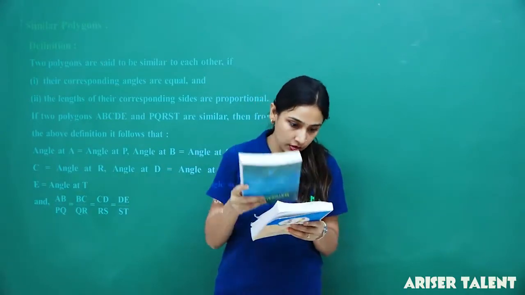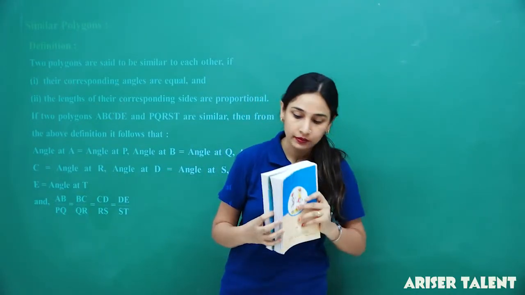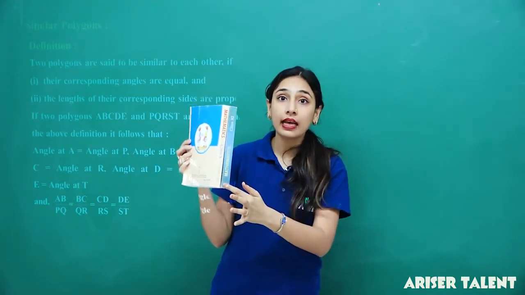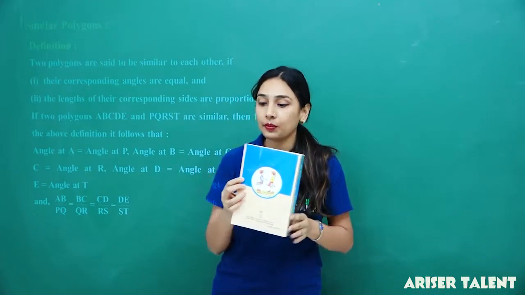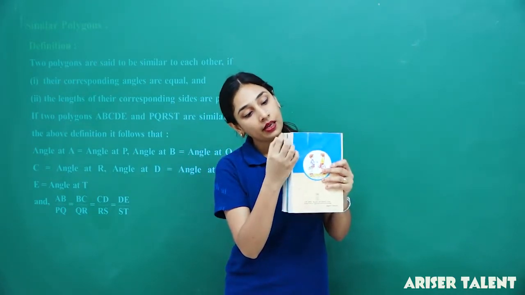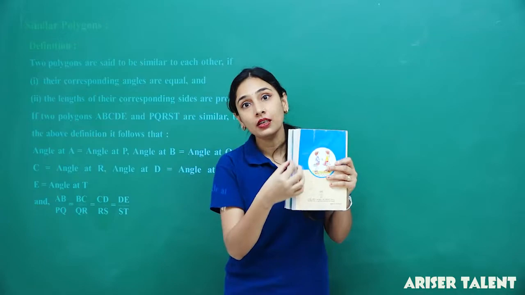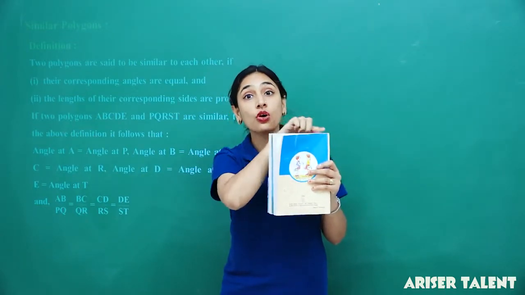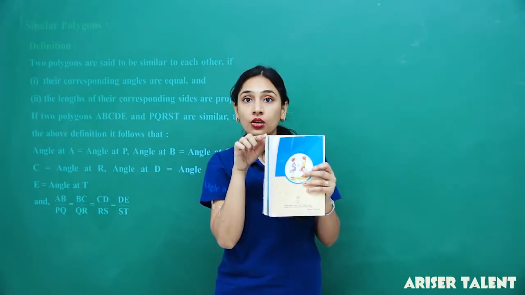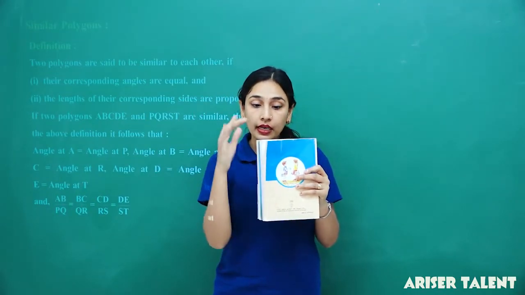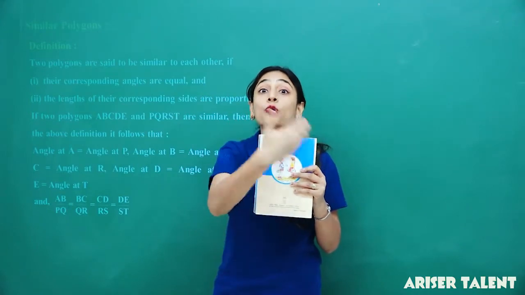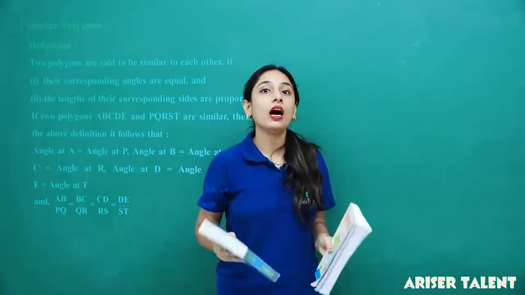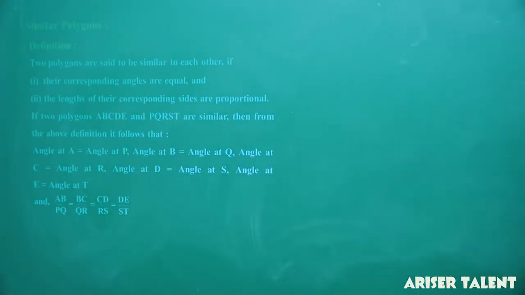Why? Because if you look carefully, this side and this side are the same, but you see the margin here, this particular side is not equal to this side. So, it's not having that proportion. It's looking like a similar one, but they are not actually similar.